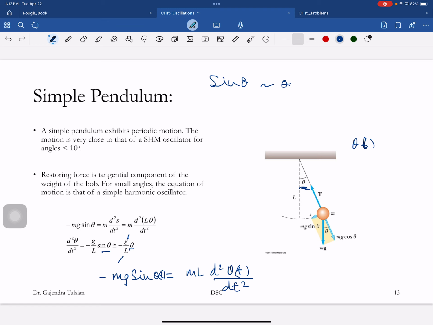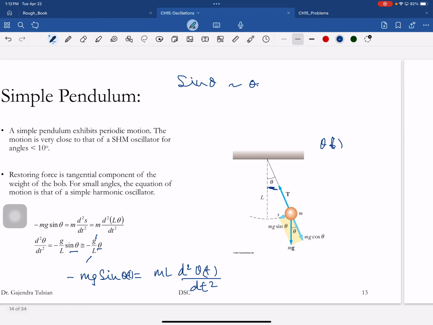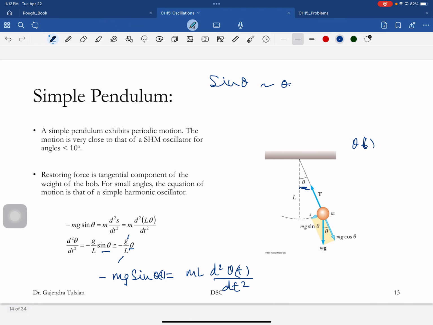All right, so we'll call that omega square. Omega square will be g over L. So again, d square theta(t) by dt square plus omega square theta(t) equal to 0. Exactly the same equation. So the behavior of this system is also described by the same differential equation.